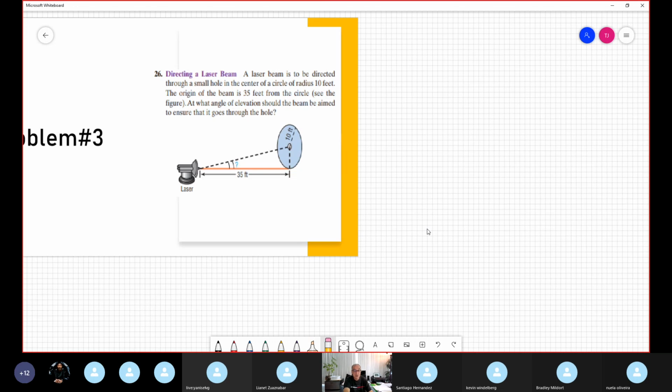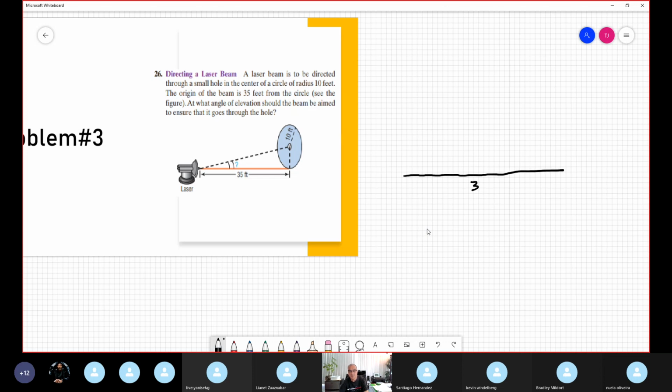Okay, not bad. See the figure. Okay, I see. What do they want to find? What angle of elevation? Again, angle of elevation.